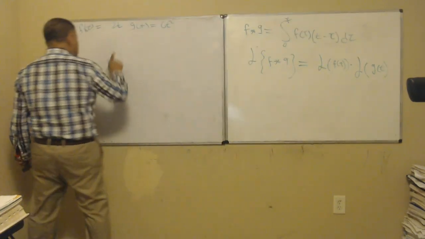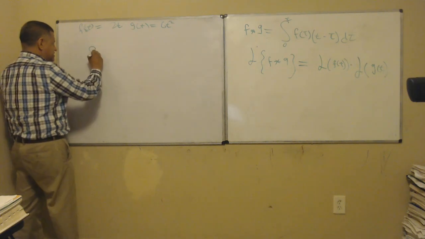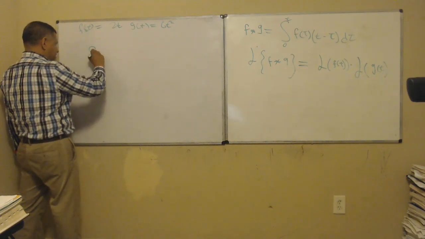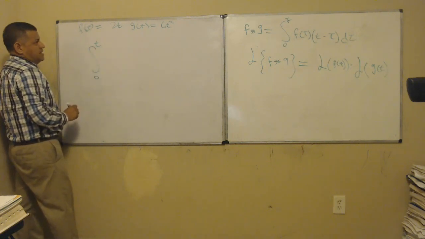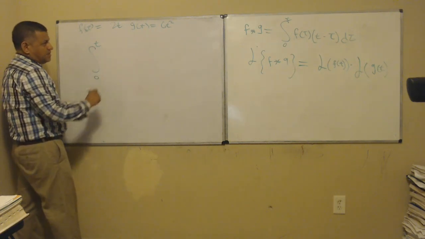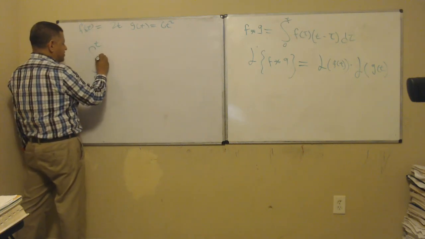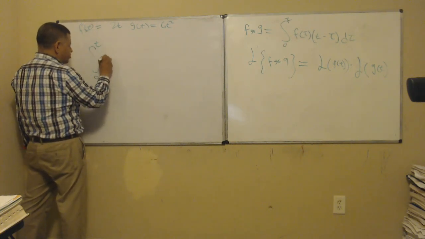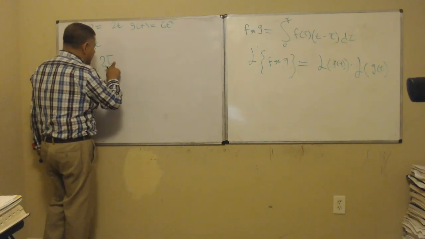So I substitute from 0 to t, taking this guy and substituting 2 tau, and I change the t to tau.